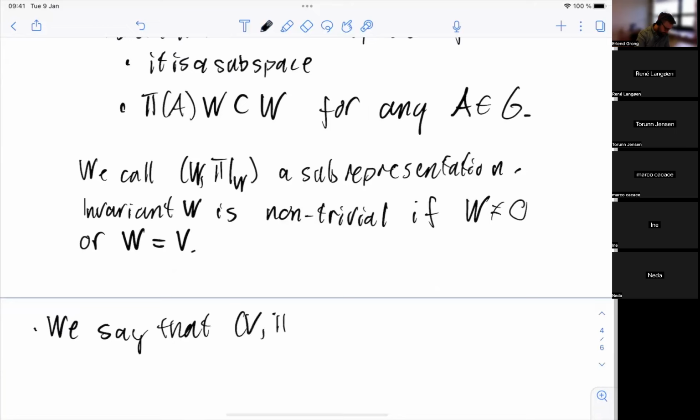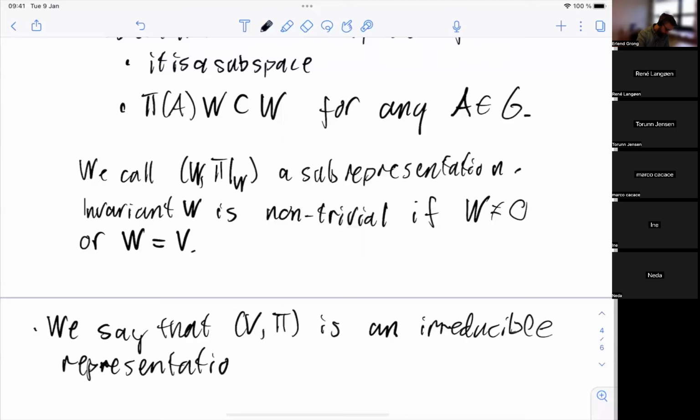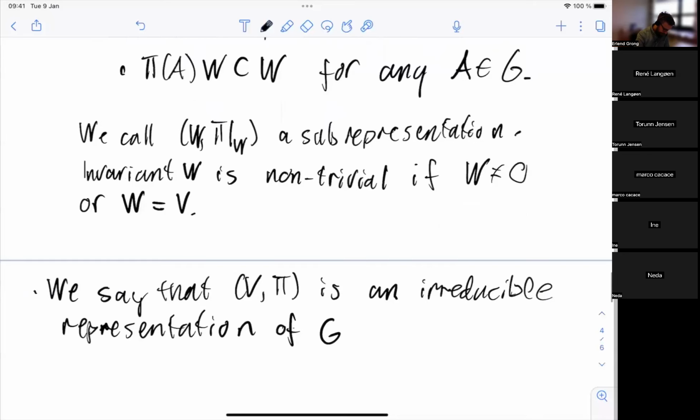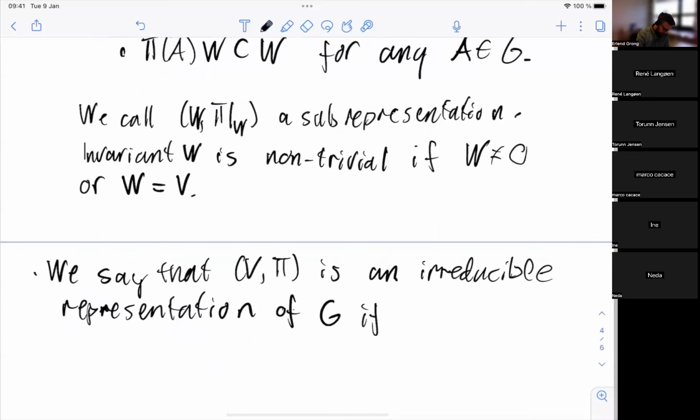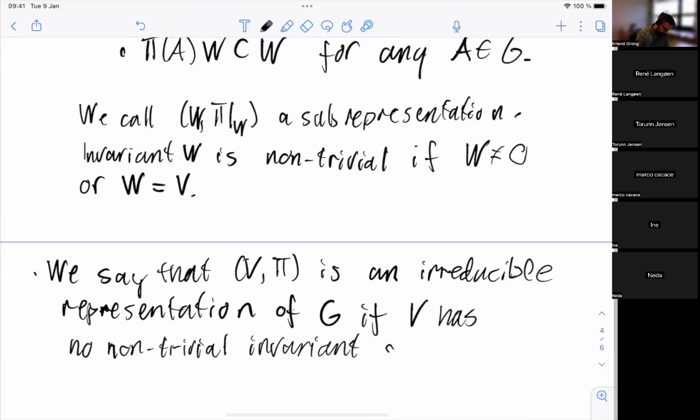that V, pi is an irreducible representation of G if V has no non-trivial invariant subspaces.